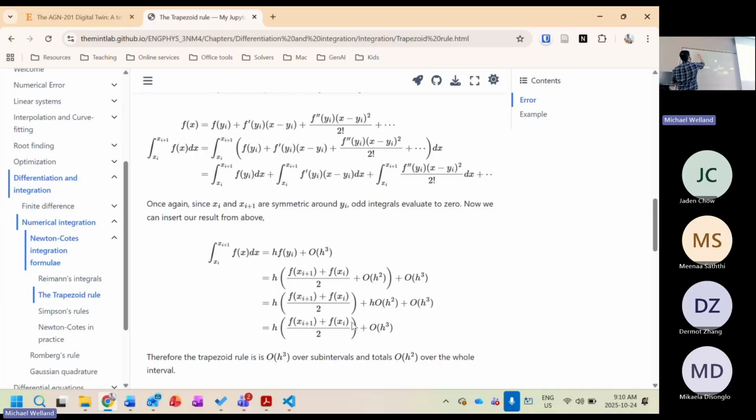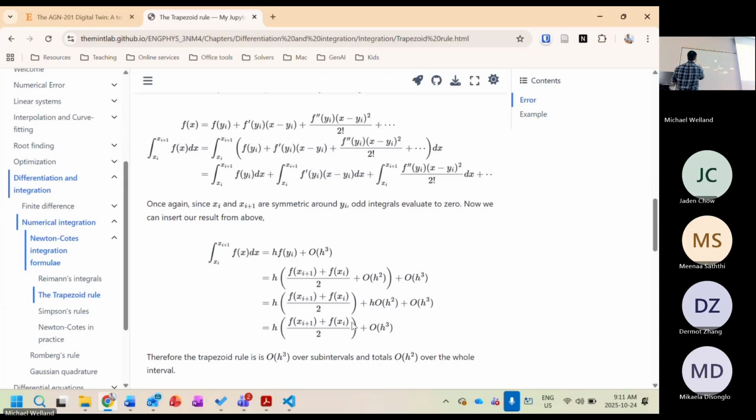Right, so on each one of these guys, this guy is going to be order h cubed. This guy is going to be order h cubed. This guy is going to be order h cubed. When you're adding up all of these guys, that error is going to accumulate. And the number of intervals that you're going to have to add over is whatever that interval is. Let's say it's 10. 0 to 10 with h equal to 2.